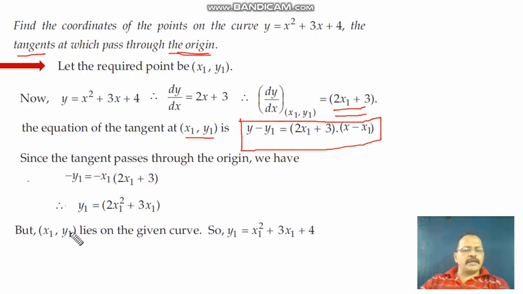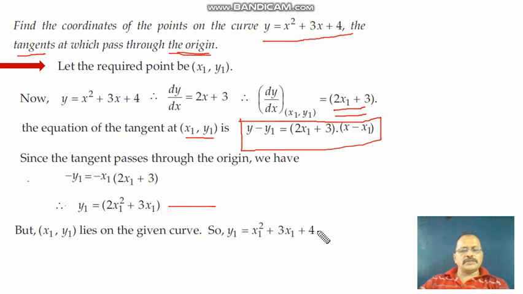But this point x1 y1 lies on this curve, and therefore point x1 y1 must satisfy equation of the curve, and therefore we get y1 is equal to x1 square plus 3x1 plus 4.